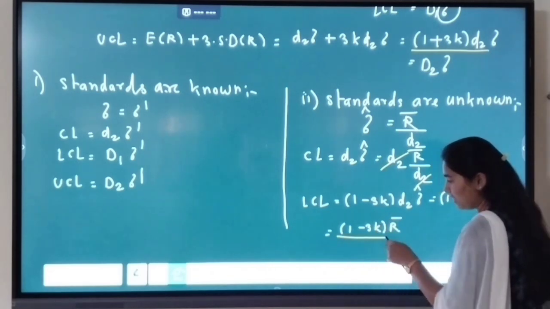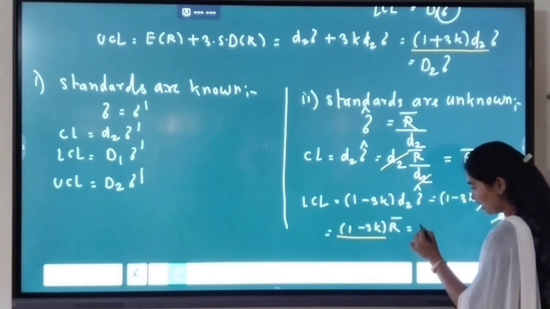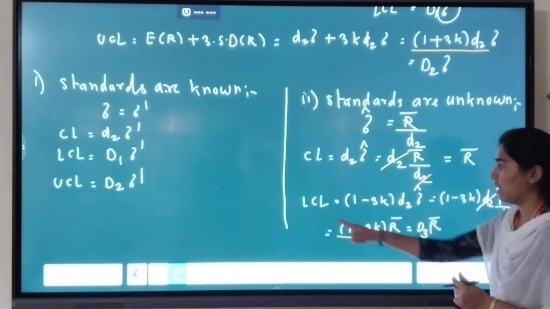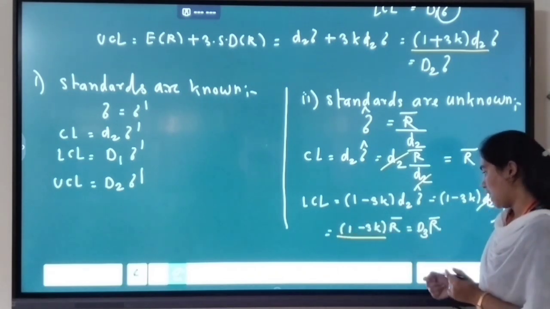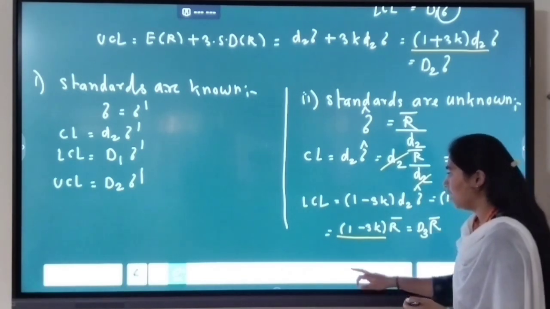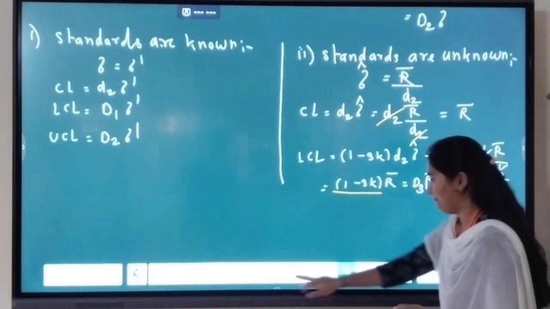We denote 1 minus 3k as the next constant D3, and R bar as it is, so the lower control limit for the R chart is D3 R bar. Next we calculate the upper control limit.